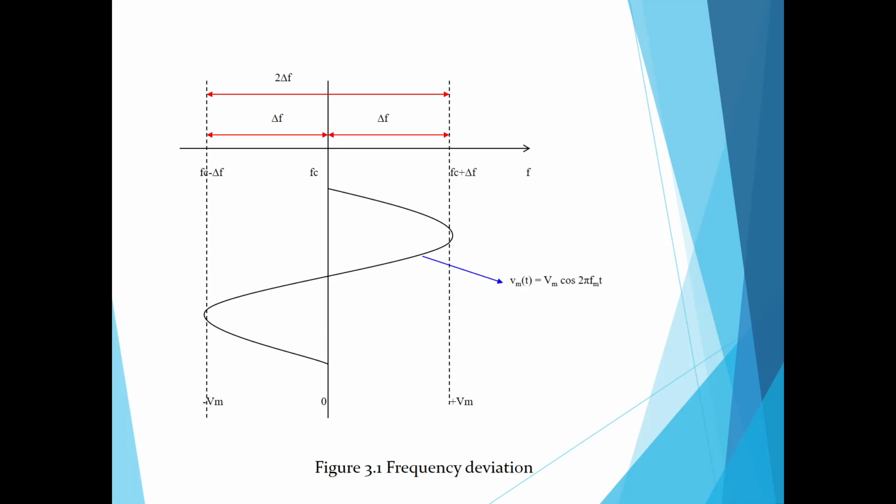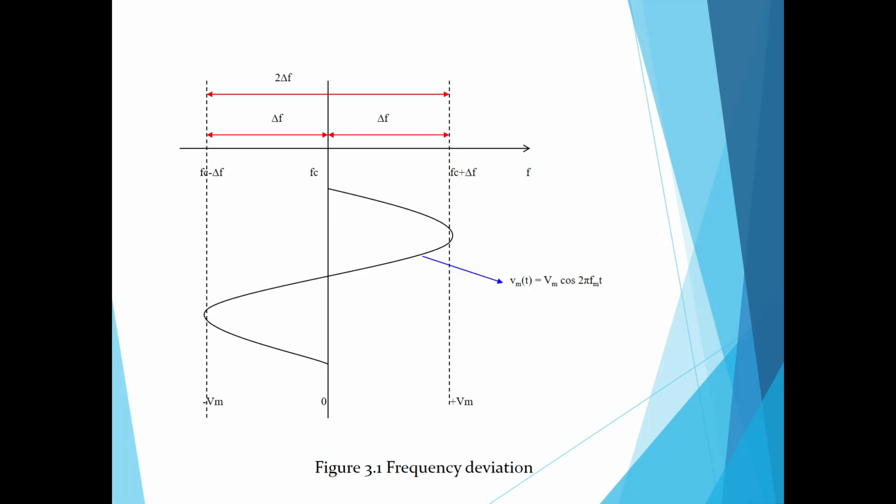Okay, remember in angle modulation for both FM and PM, when you change the frequency of the carrier, you are actually indirectly changing the phase of the carrier, because the frequency and phase are related to each other.